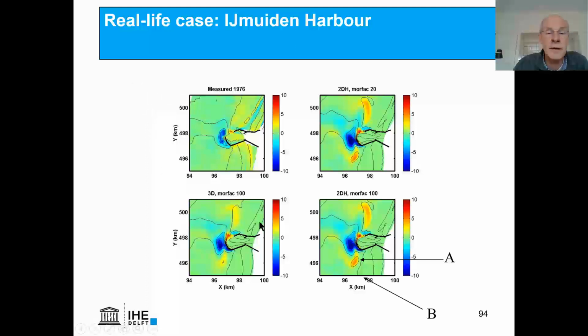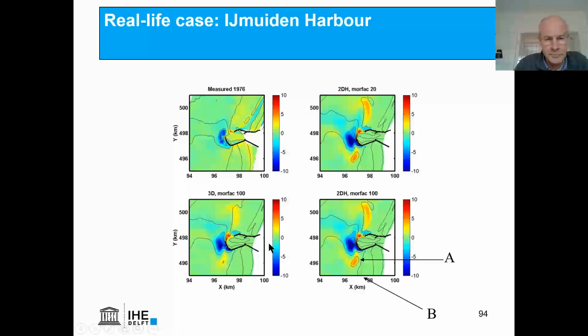Here's a real life case where we wanted to study the scour in front of the IJmuiden harbor. This blue thing is a scour hole as it was measured after 8 years. And we have simulations here with a 2-dimensional model and a 3-dimensional model. We have a morphological factor of 20 or 100. And here we go from 2D to 3D.